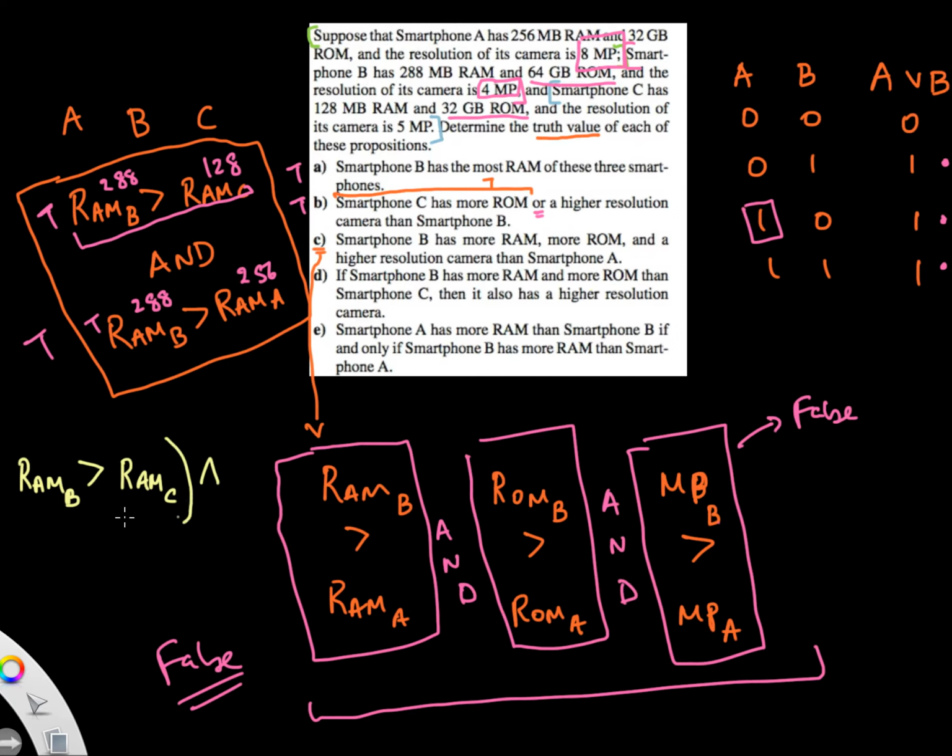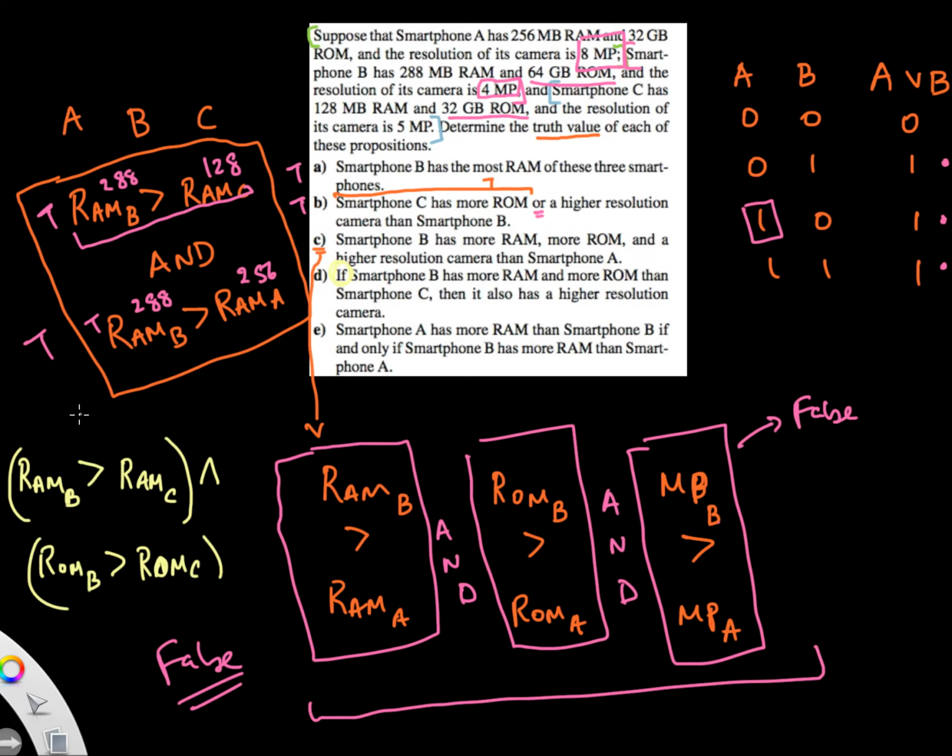let's put parentheses to make them a little bit clear. I'm looking at more ROM, so the ROM for smartphone B is greater than the ROM for smartphone C, and I'm using the word if here.